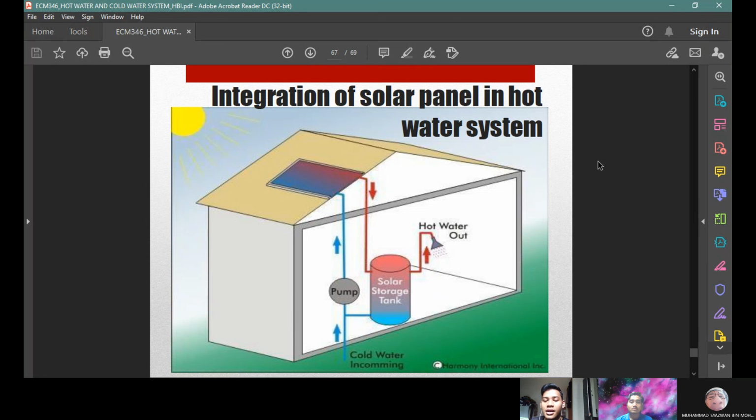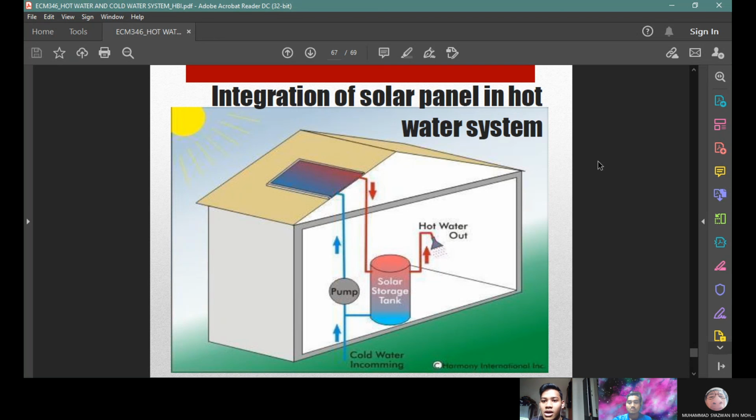This is also an example of integration of solar panel in a hot water system. Pump. There is solar storage in the house that supplies and pumps to the solar plate, and then back to the hot water out that shows the shower, for example.